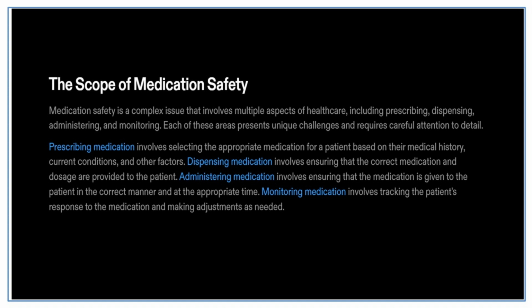After dispensing comes administration, which needs ensuring that the medication is given to the patient in the correct manner, at the appropriate time and to the appropriate patient as well. After administration, the next step is monitoring of the medication, which involves tracking the patient's response to medication as well as looking for side effects and making adjustments if needed.